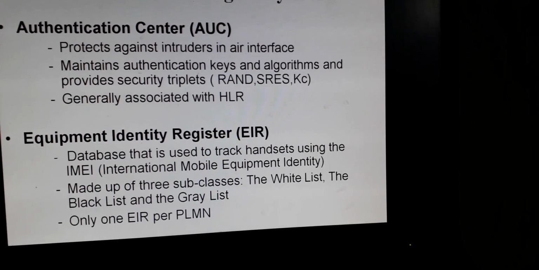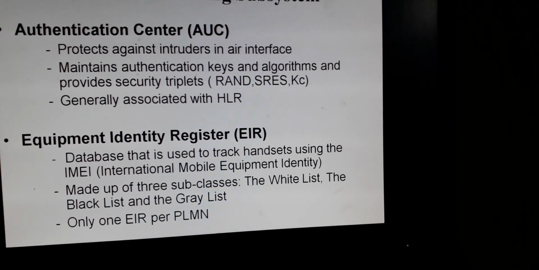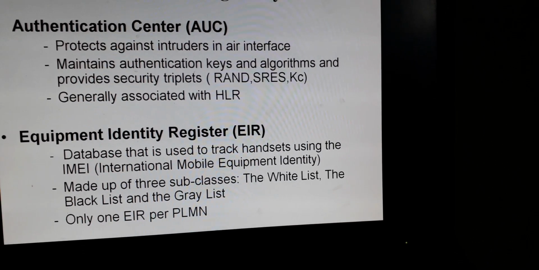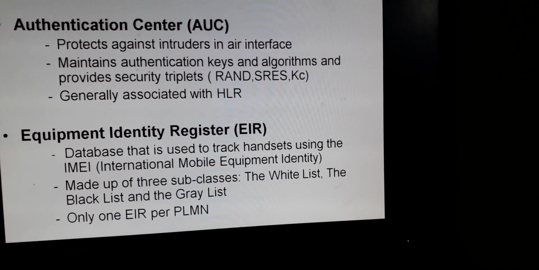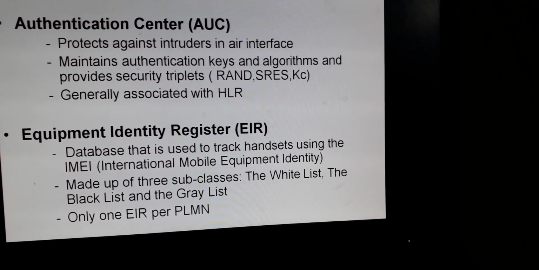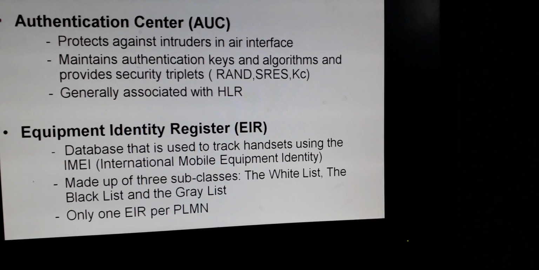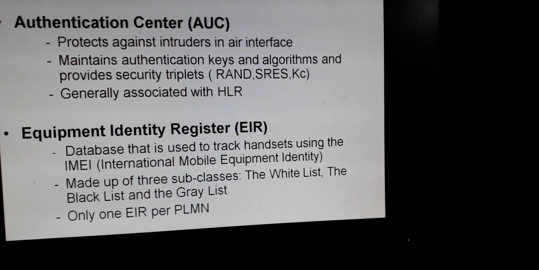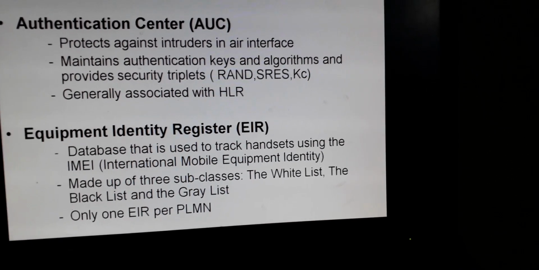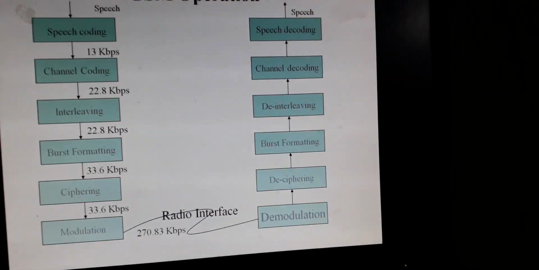It has a white list, black list and grey list. Black list involves all the mobile handsets which are not in use. Grey list involves about to expire IMEI number cases, as well as white list involves current IMEI numbers in operation. Only one EIR is present in one public land mobile network.